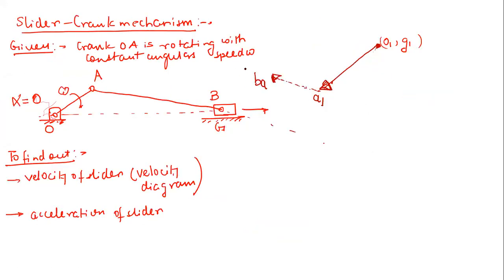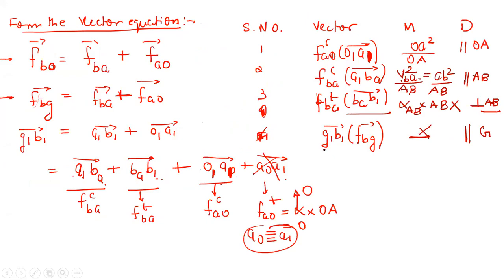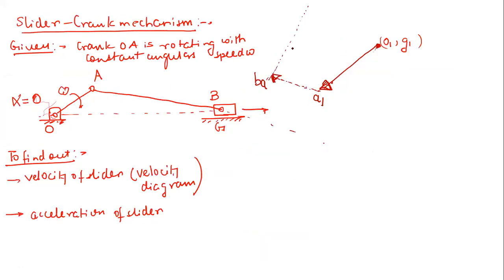We know this is the point BA, and now we draw a line that is perpendicular to this AB. Then from here you draw a straight line, G1B1, that's it.